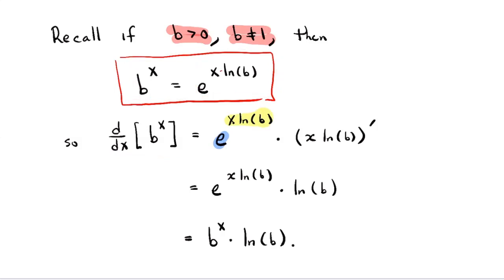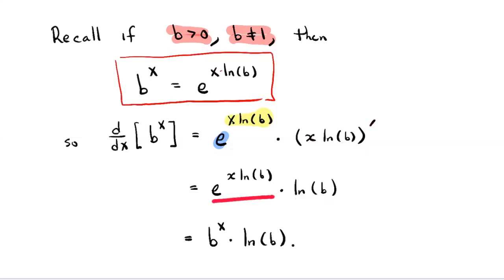When you take the derivative, you take the derivative of the outside at the inside, that's this first part, times the derivative of the inside. Natural log of b is just a number, so when you're taking the derivative of that number times x, you just get that number. So you end up getting e to the x log b times log b.